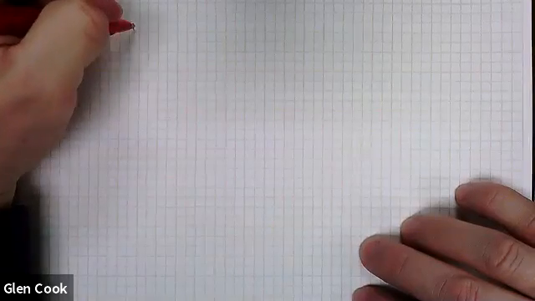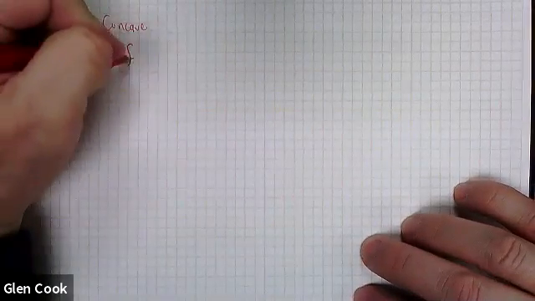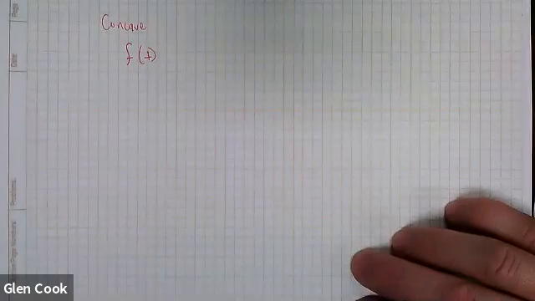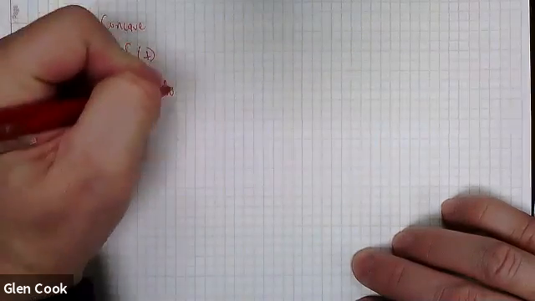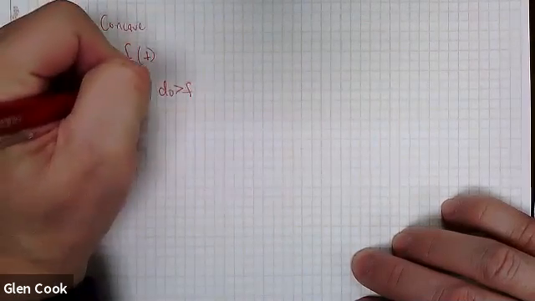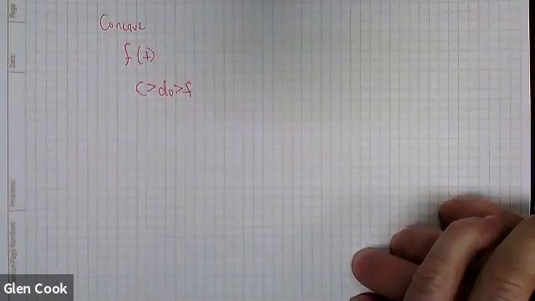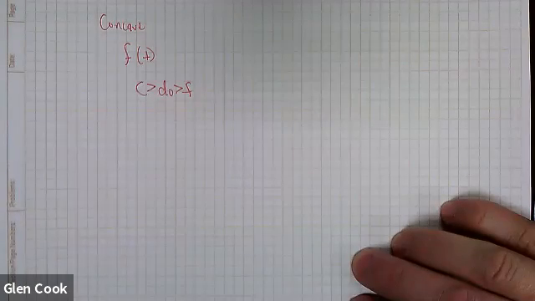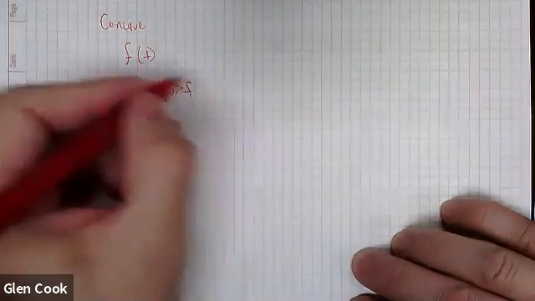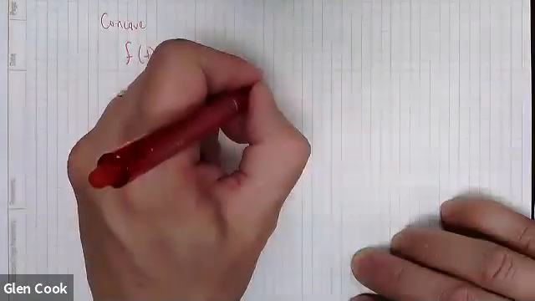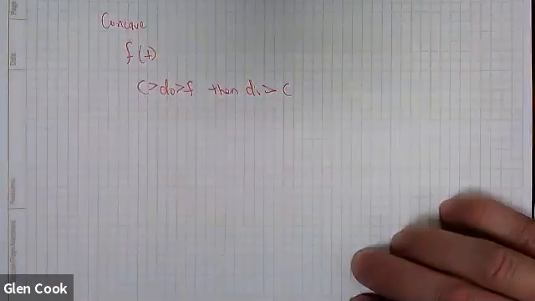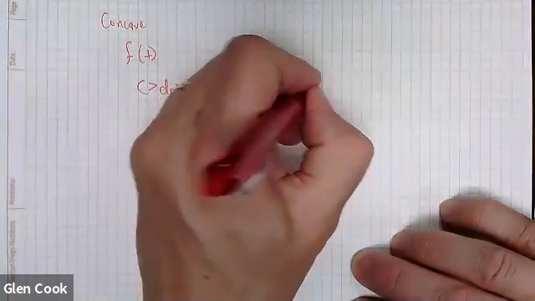So for a concave mirror, focal length is always positive. It can't be anything else. If DO is greater than F but less than C, so the object is between F and C, then DI is greater than C. It will be real.